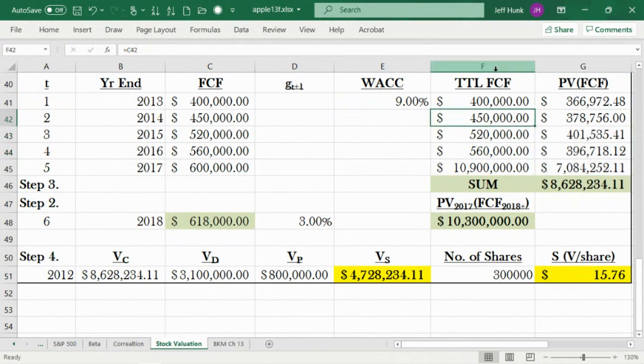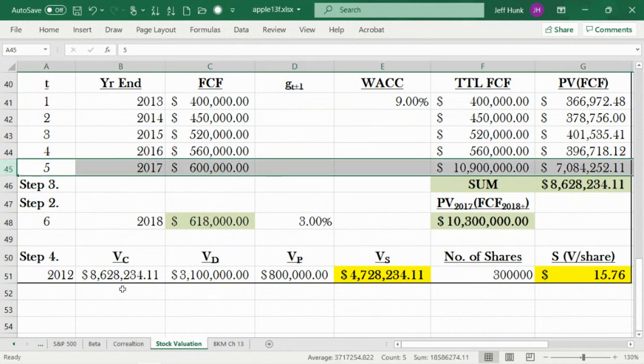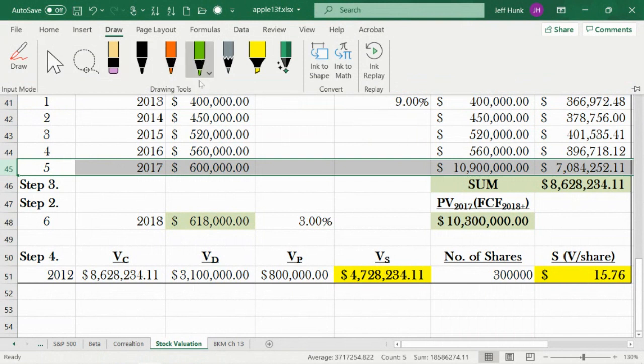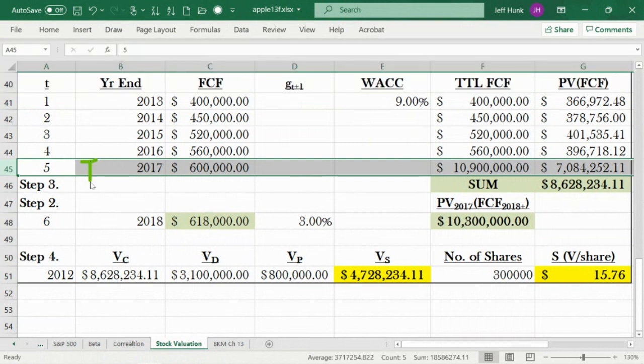You might wonder, what is column F4? Isn't it the same number? Yes, it's the same number. But why did I duplicate it there? It's just for the last year, year 5, because year 5 is time capital T.